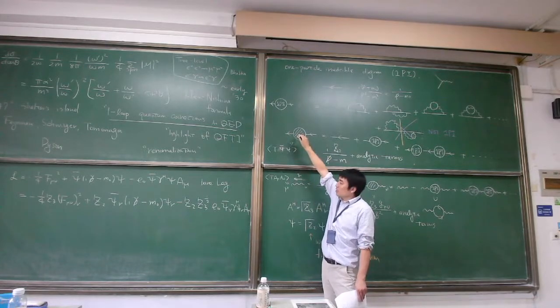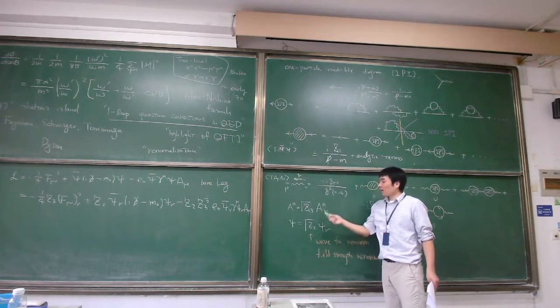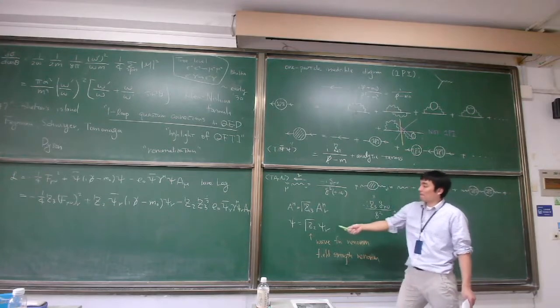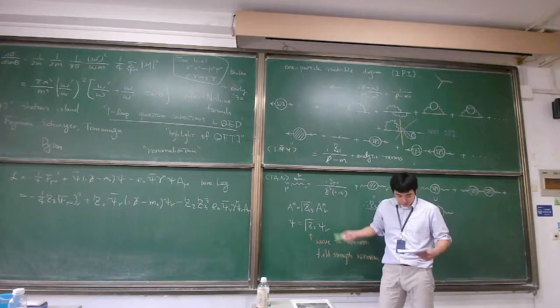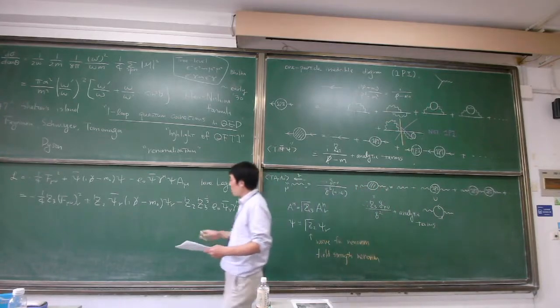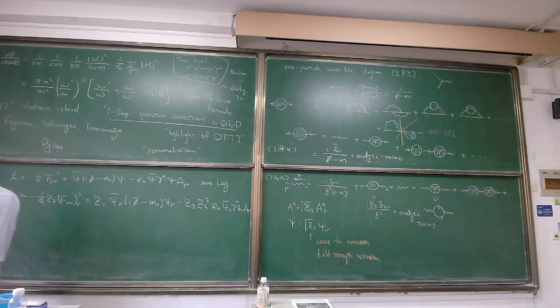So it's better to use psi r and ar instead of the bare field. This is called the bare field, and this is called the renormalized field.